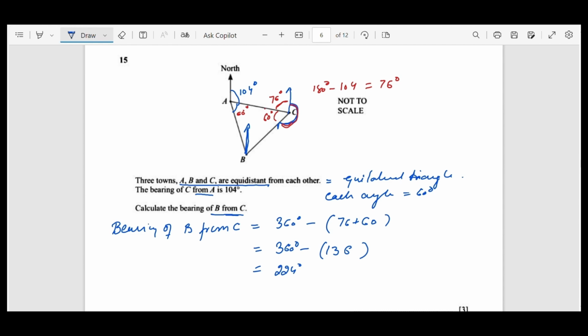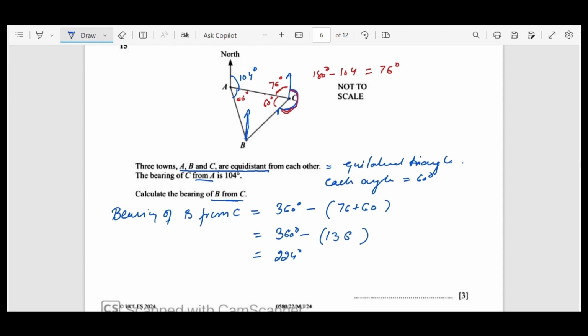So this will be our answer, 224 degrees.